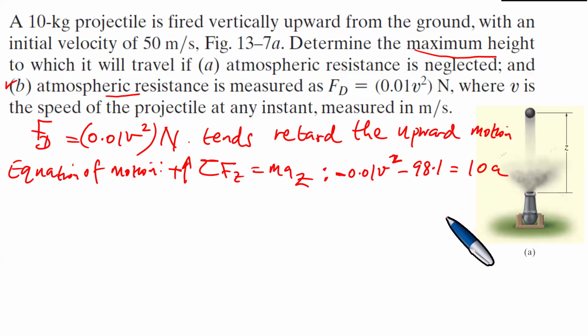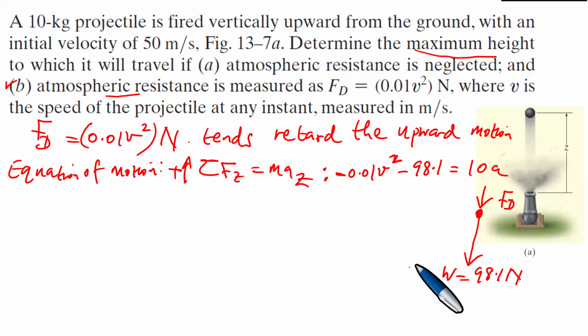So now when this object, the projectile itself, is in flight, you're going to have the weight, which is exactly 98.1 newtons. And then you're going to have the drag, the force that pulls it down, which is FD.